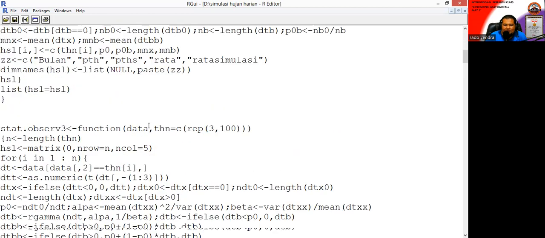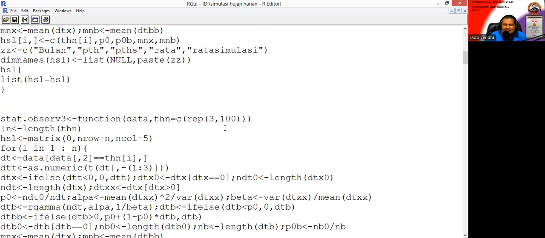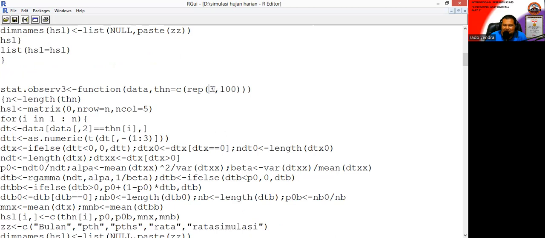And then for the 3rd month, we only change it to number 3. It means only the 3rd month, and we simulate 100 times, and we name it state observed 3.